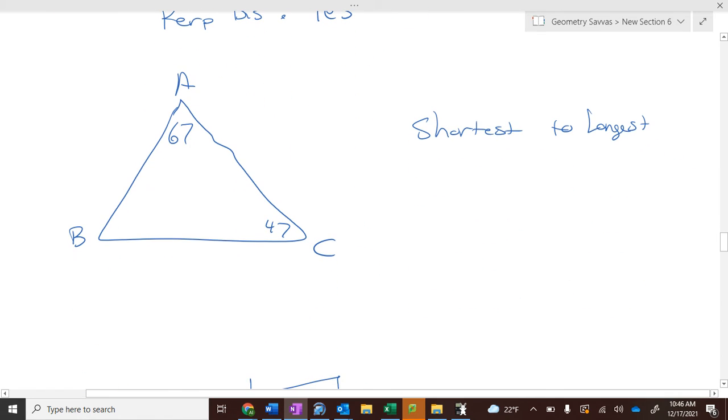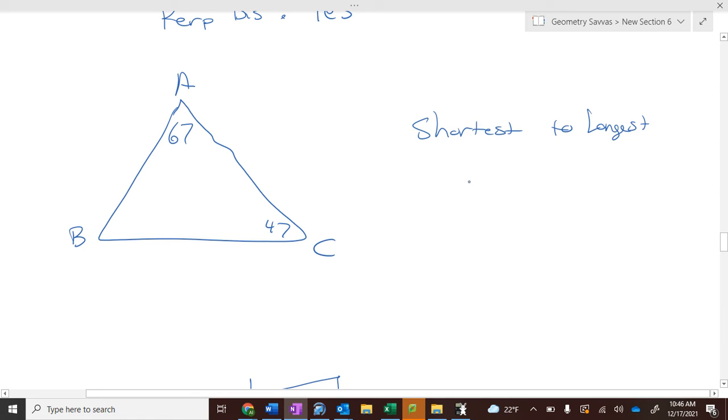Which side is the shortest? Which side is the medium length side? Which side is the longest? First, you got to find the other angle. How would I find the other angle, Haley? Those are angles on sides. Subtract from 180.